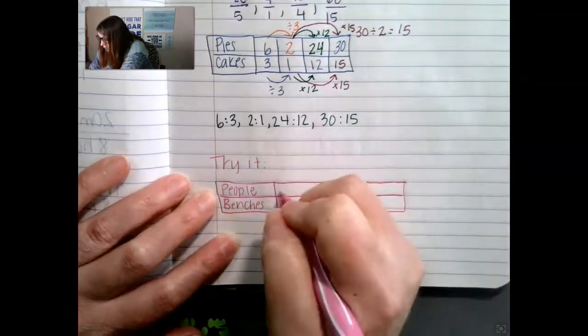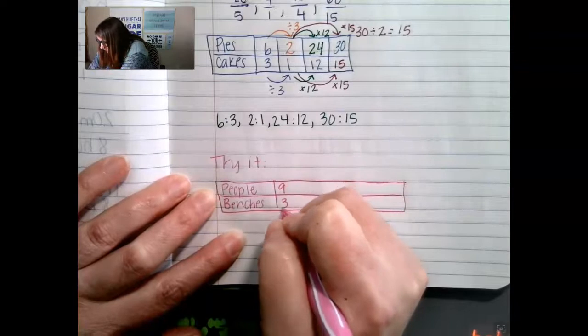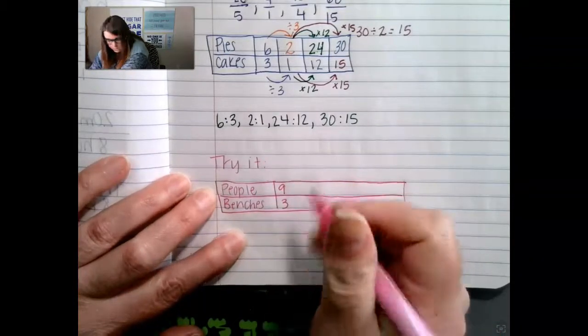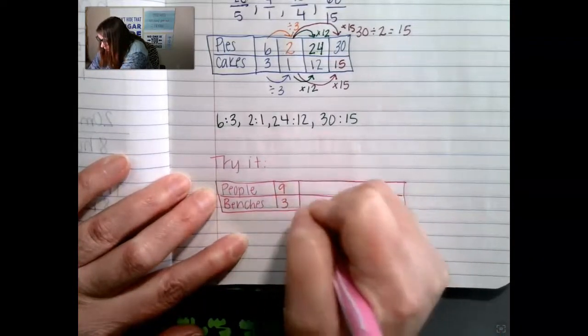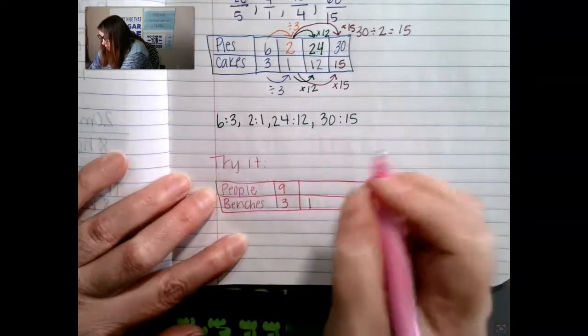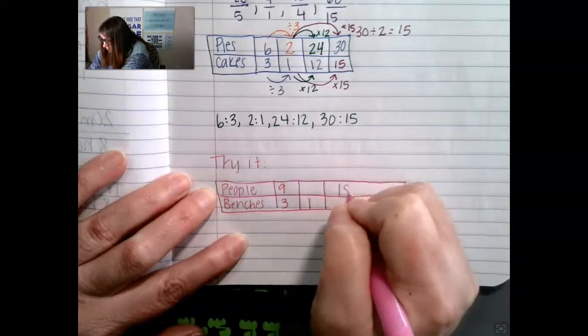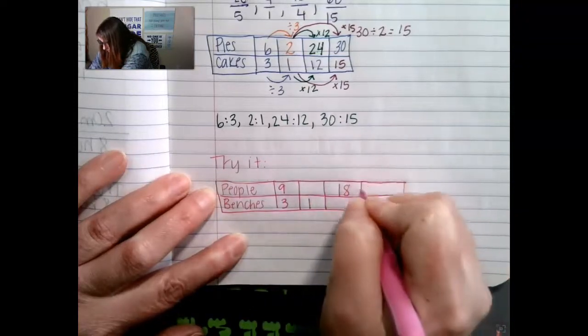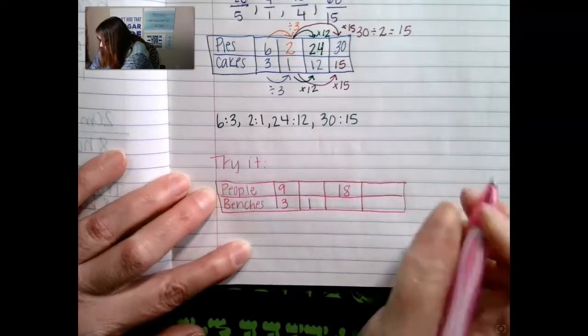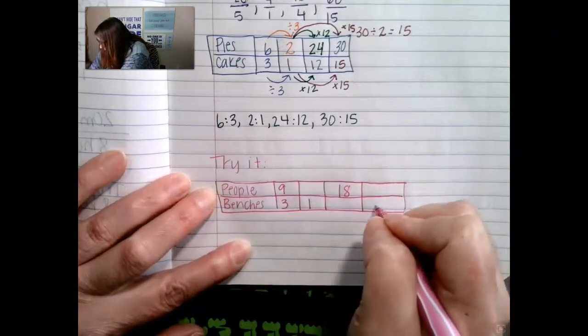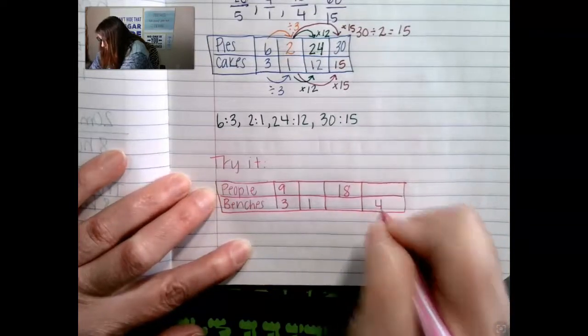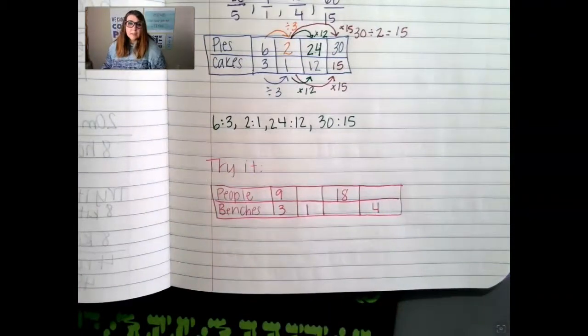Okay, so for every 9 people, we need 3 benches. And I want to know how many people can sit on one bench at a time. What happens when I have 18 people? And maybe what happens when I have 4 benches?